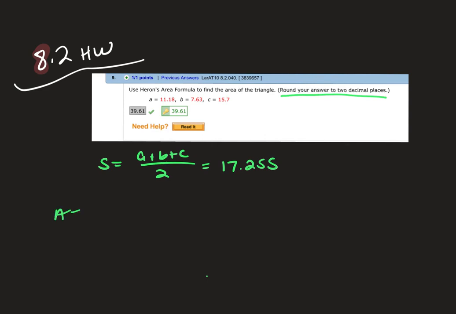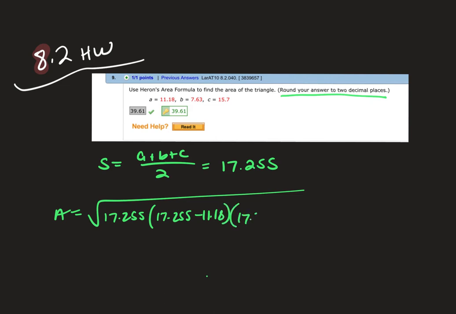So then the area equals the square root of 17.255 times 17.255 minus 11.18, 17.255 minus 7.63, and 17.255 minus 15.7.